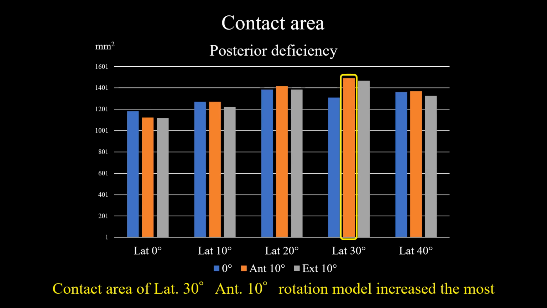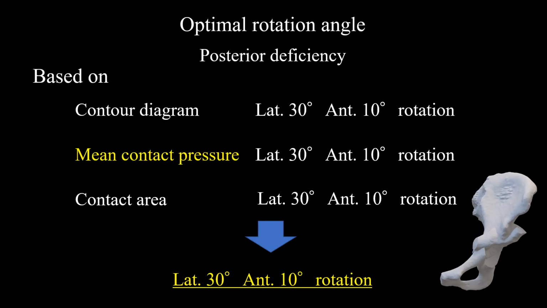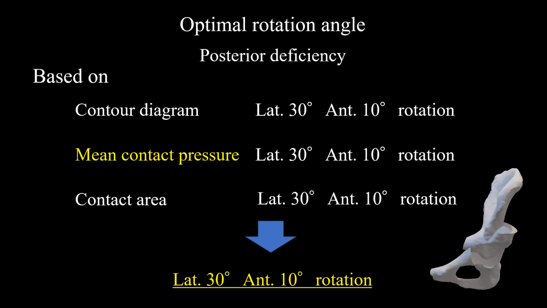This is the contact area of posterior deficiency. Contact area of lateral 30 degrees anterior 10 degrees rotation model increased the most. Optimal rotation angle of posterior deficiency based on mean contact pressure was lateral 30 degrees anterior 10 degrees rotation.